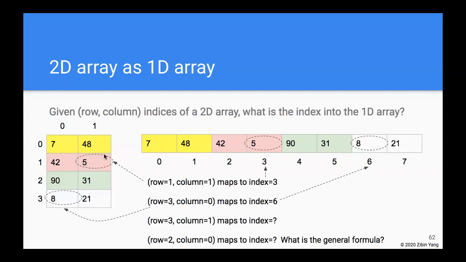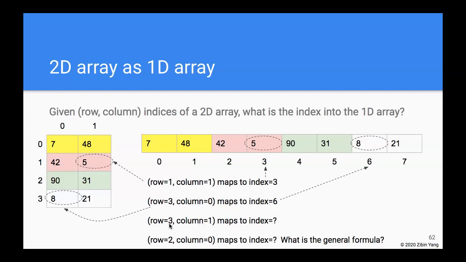Let's say the element in row 1 and column 1, number 5. Well, number 5 is here, and that is at index 3 in the 1D array. Another example would be row 3 and column 0, number 8. That is at index 6. Right. So here are my two examples, and then here are a few more.